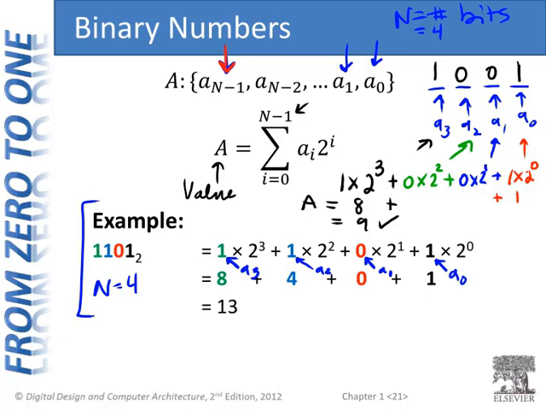To get our value, in this case, we have 8 plus 4 plus 1, and we get decimal 13. And you could put that base 10 if you wanted to. Okay, so now we have in mathematical form what we've been doing kind of empirically before this.